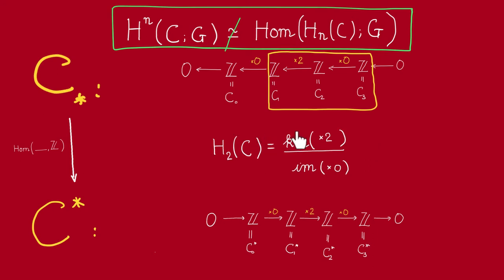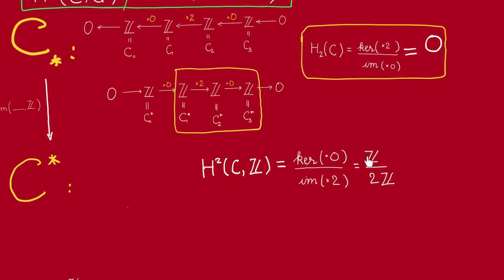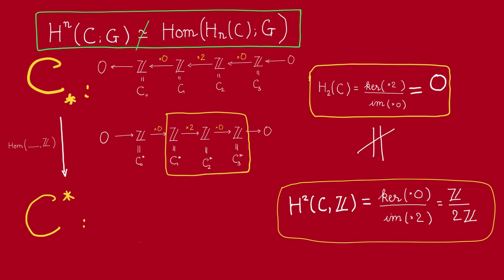It's a quotient of the kernel of the multiplication by 2 map, which is just 0, so this H2 is just 0. Now, let's compute the second cohomology group. It's going to be the kernel of this multiplication by 0 map, which is just Z, and then we quotient out by the image of this multiplication by 2 map, which is just 2Z. So we see that these groups are indeed not the same.